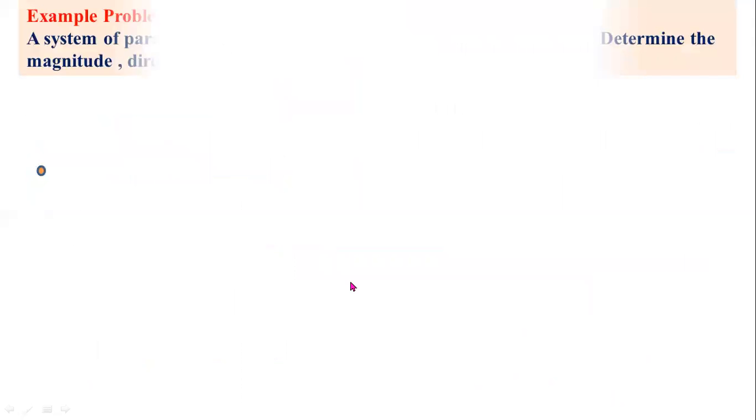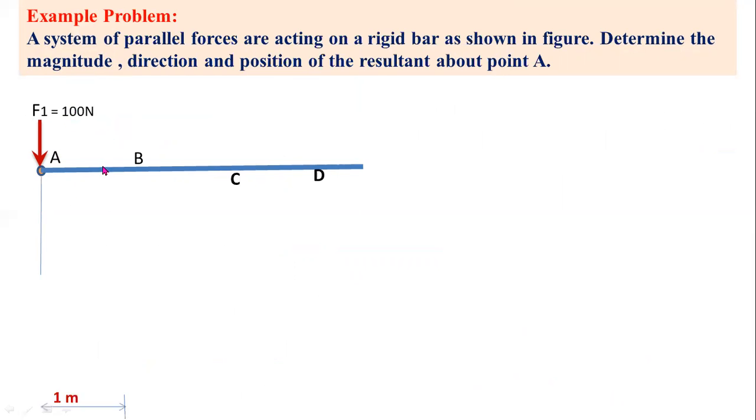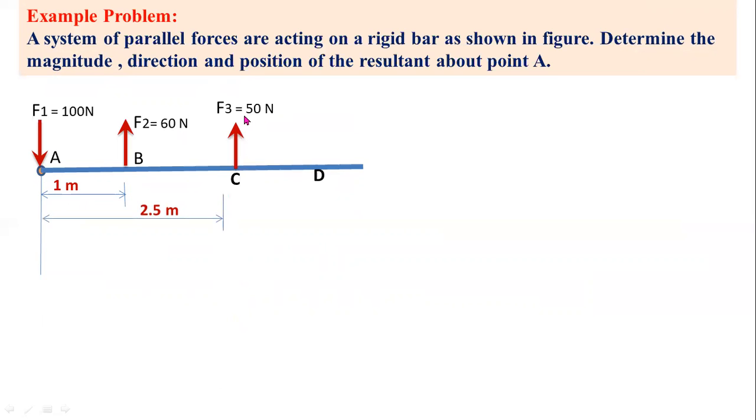Now coming to another example, question is same, but the diagram is different. Here the force F1 is acting at a point A. And force F2 equals 60 newtons acting at a distance 1 meter from the point A. And this is the force F3 equal to 50 newtons acting at a point C at a distance 2.5.